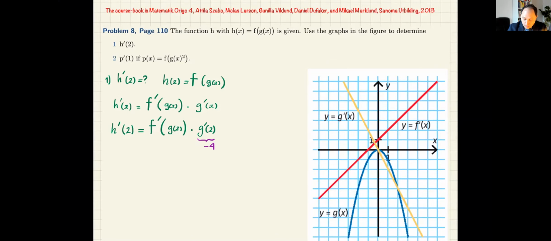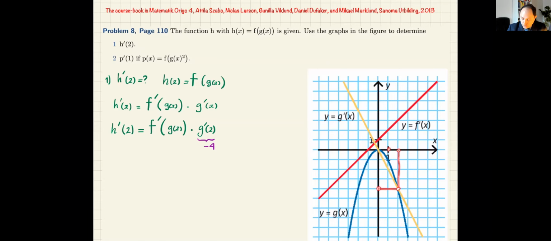But here, I have to calculate f prime of g of 2. So first of all, I need to know the value of g of 2. But the graph of g is given. The graph of g is this blue curve. And I want to know what the value of g of 2 is. So what does it mean? It means that I go 1 and 2, and then I go to the graph of the blue line, and I will intersect exactly at the same point.